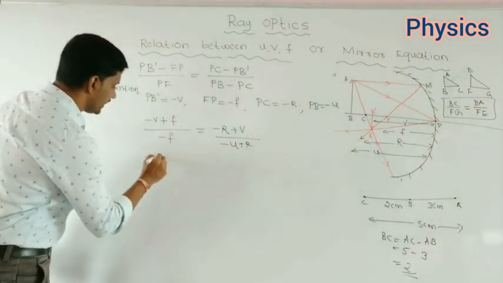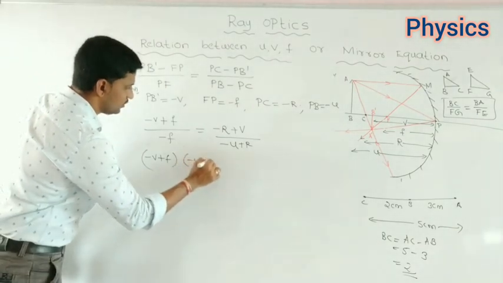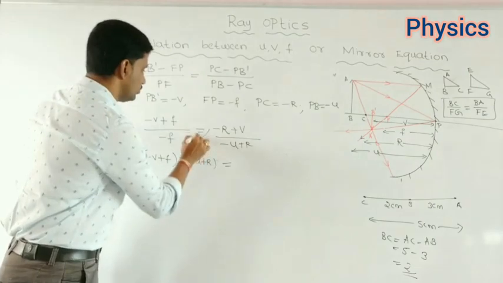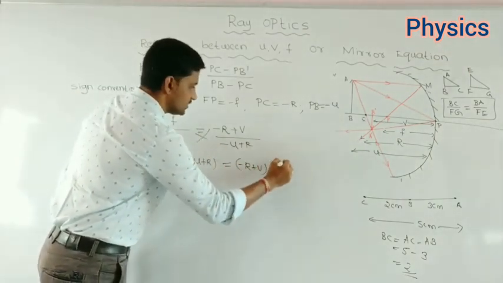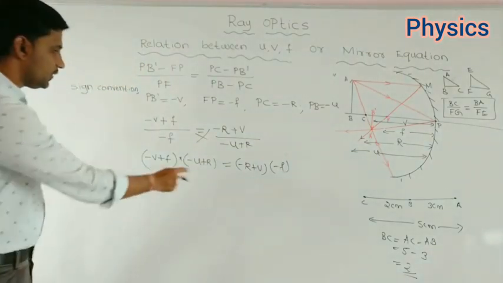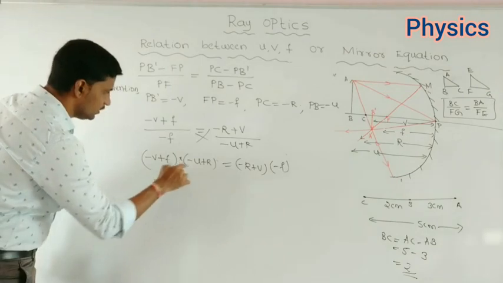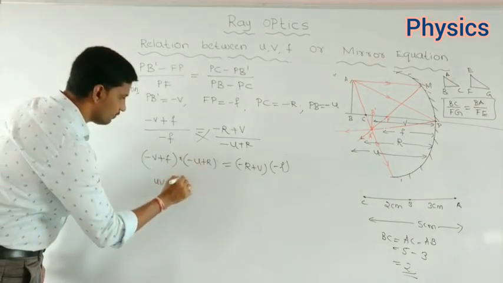So I will get minus v plus f into minus u plus R, that is equal to minus R plus v into minus f. If I multiply each term, minus u into minus v, I will get uv, minus u into plus f, minus uf.